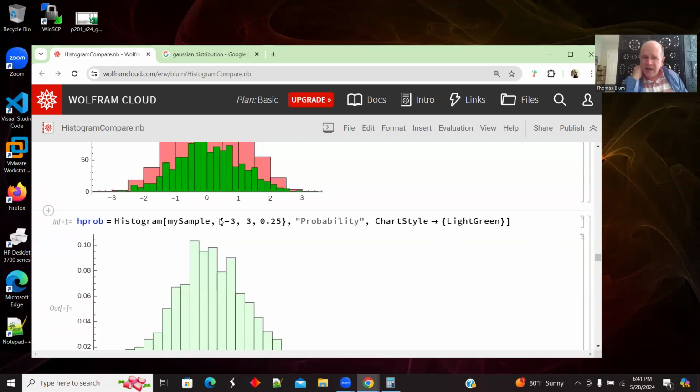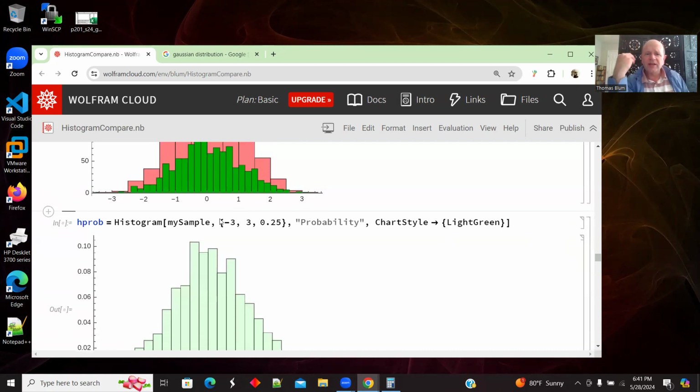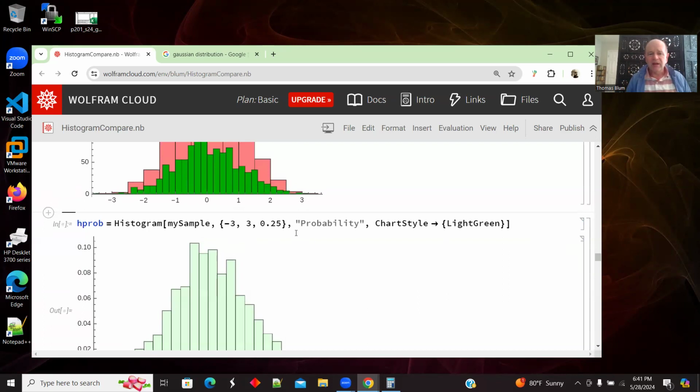So we're not going to say that it occurred 100 times. We're going to say that it occurred with a probability. So we're going to be dividing by the number of samples and turning it into a probability. That's a standard thing one might want to do with a histogram. So they have an argument controlling that.